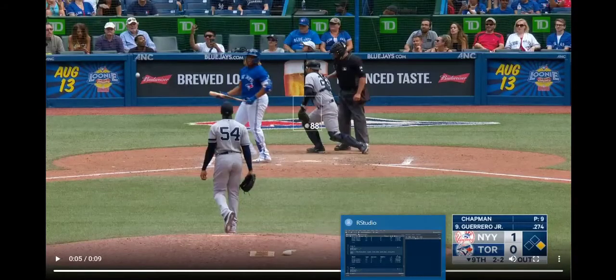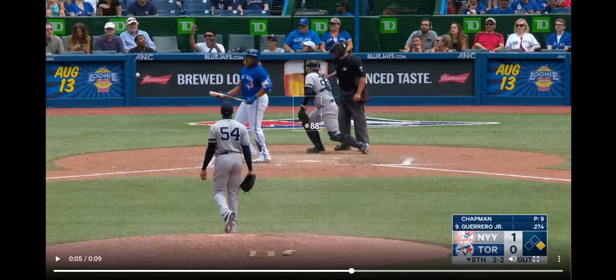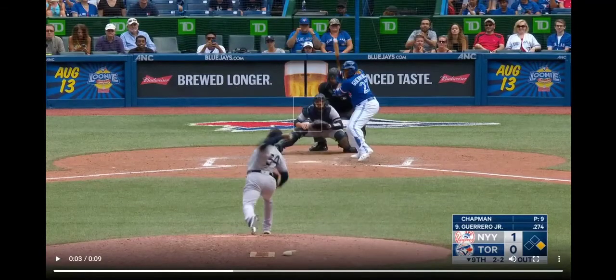This model is only taking into account the previous pitch. So what we find is that Chapman, after throwing 2 fastballs, throws a slider. And I'm going to go back and watch this. Let's see if Vlad Guerrero is ready for this pitch, if he's thinking slider, or if his swing suggests he was thinking fastball.